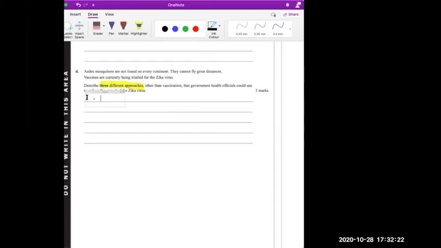They've given you 3 marks, so you've got 3 approaches to talk about. The generic one could just be quarantining people, so quarantine of people who come from areas where Zika is endemic.